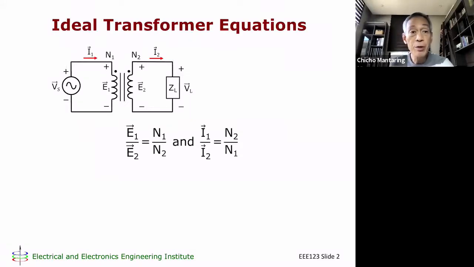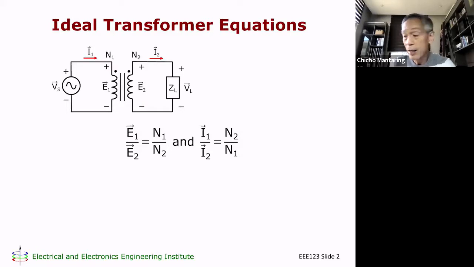Just as a review, we studied the ideal transformer last Tuesday. And this is your typical scenario. Your transformer consists of a primary where the source is connected and a secondary where the load is connected.